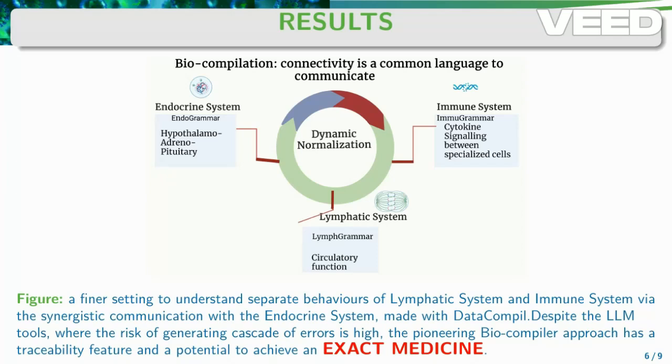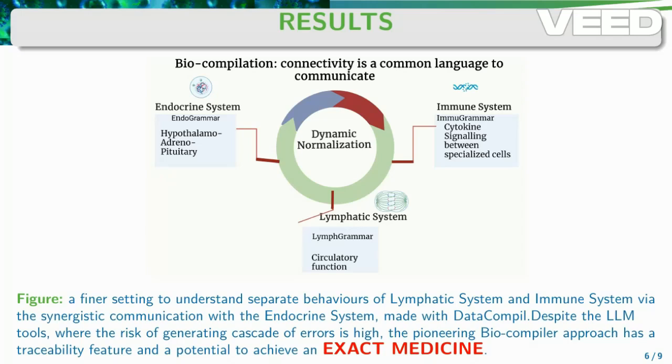So we resolve their separation via the endocrine system, working with our compiler to the dynamic normalization. Technically, what we do is arrive at the same denominator via the construction of our bioalgebras.